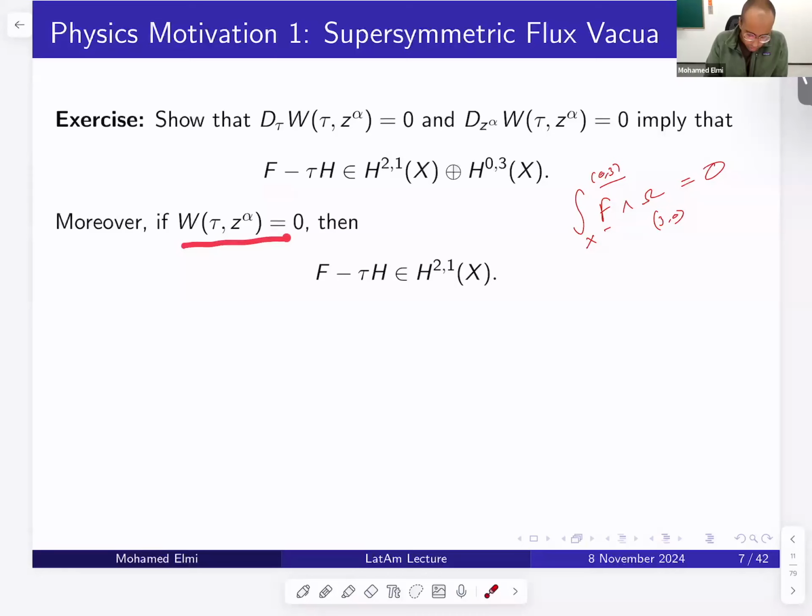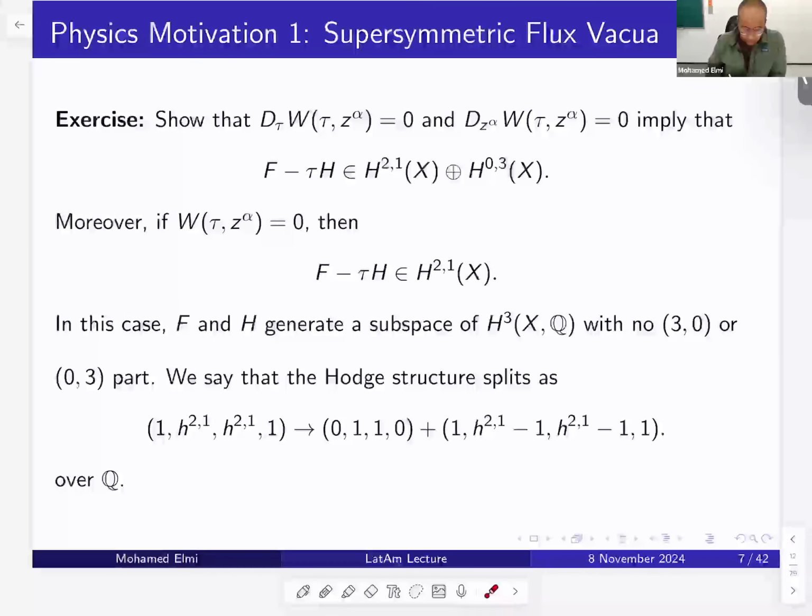Moreover, if the potential is at a zero, then this 0-3 part will also vanish, and you're just left with something that's purely 2-1. That then means that for these F and H, you can take the complex conjugate of this, take linear combinations, and just get the F and the H on their own.